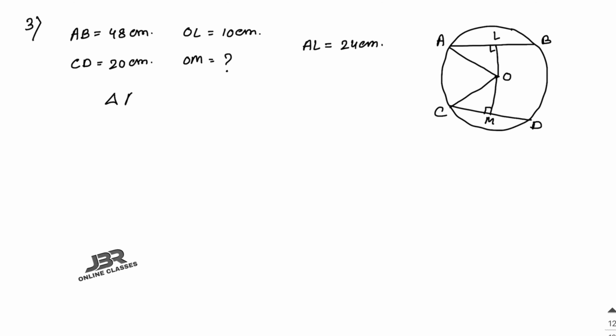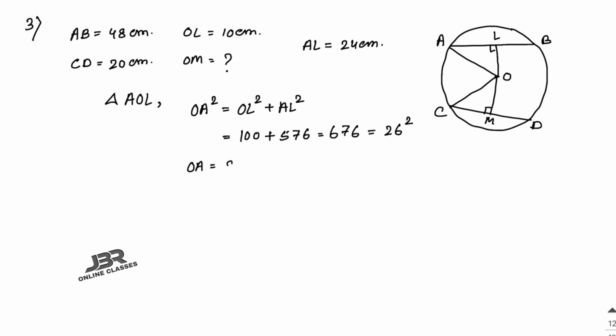From the triangle AOL, OA square equal to OL square plus AL square by Pythagoras theorem. OL means 10 square, so 100. AL means 24 square, which is 576. So that is 676, and 676 is 26 square. So OA equal to 26, that means the radius of that circle is 26.